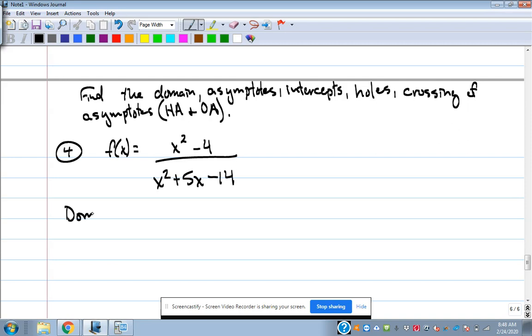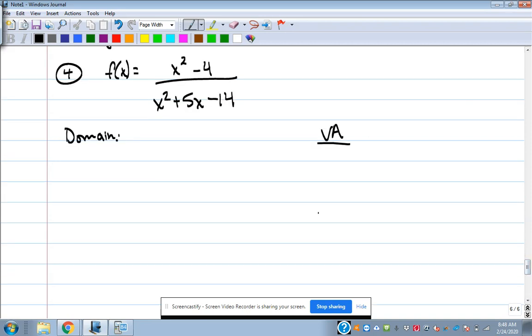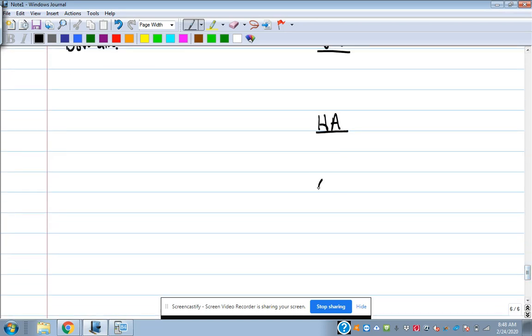We're going to find the domain, vertical asymptotes, horizontal asymptotes, oblique asymptotes, and I'll go over here and do holes, intercepts. And we'll get the crossing later.